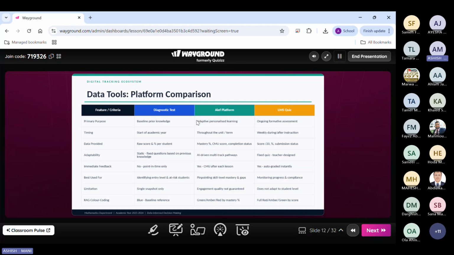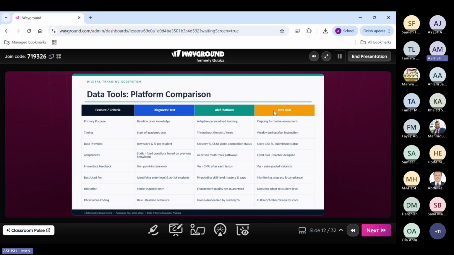Now, next is data tools. That means where we can compare the platforms, like the diagnostic test, the LF platform, and the LMS quiz. All three have strengths and limitations. If I talk about the diagnostic test, it is good for the baseline.